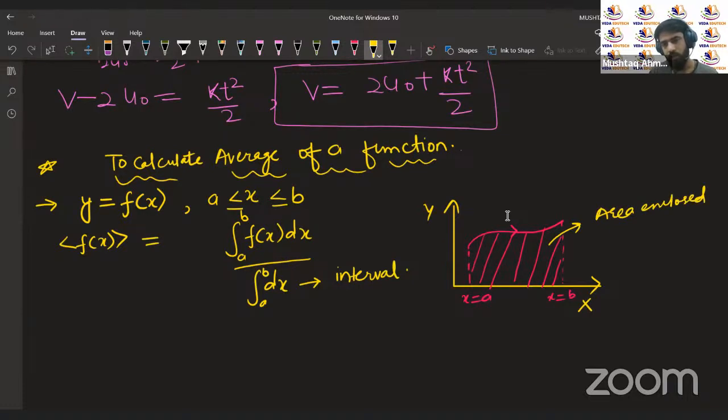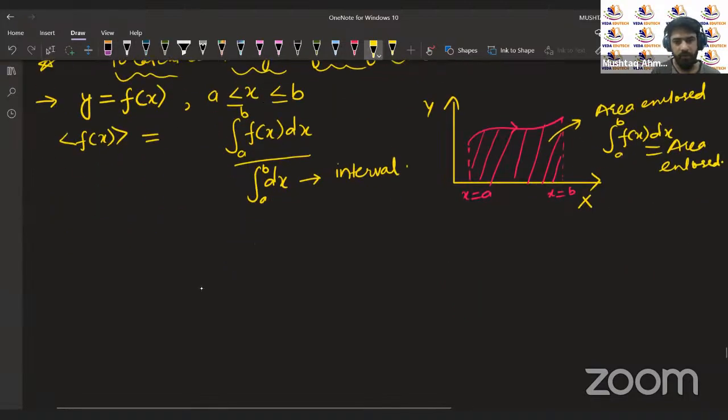And we know the area enclosed by any function is given by the integration of f of x dx between the limits, here a to b. Now if we divide this area by its interval, b minus a, we'll get the average of this function.